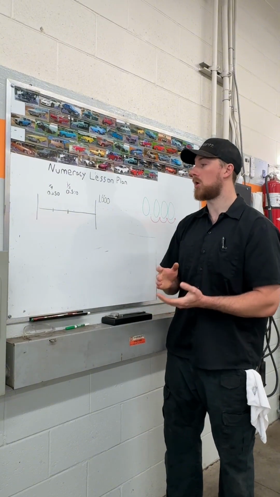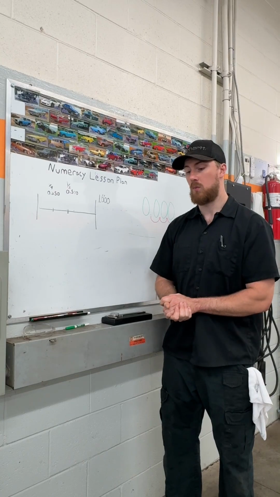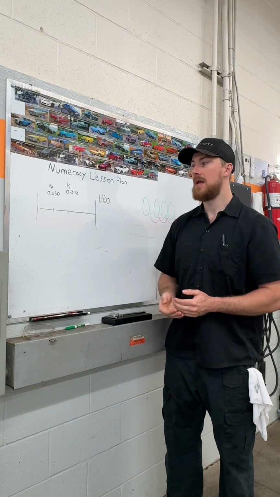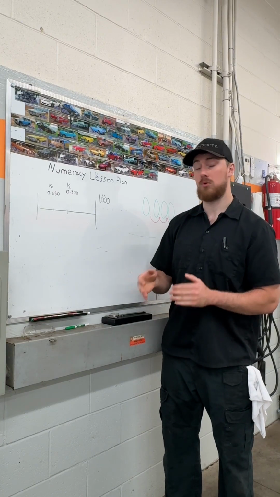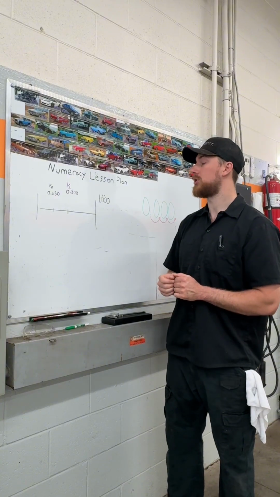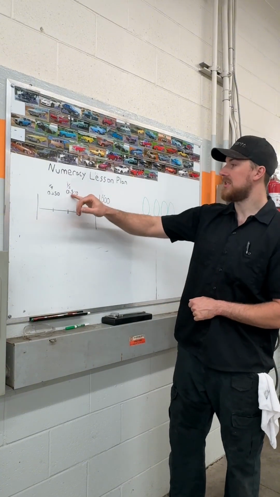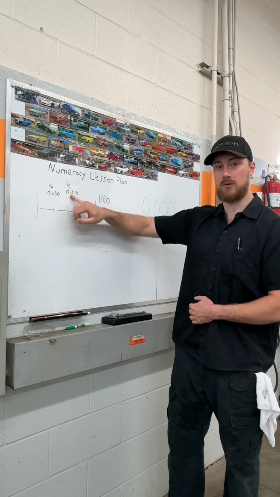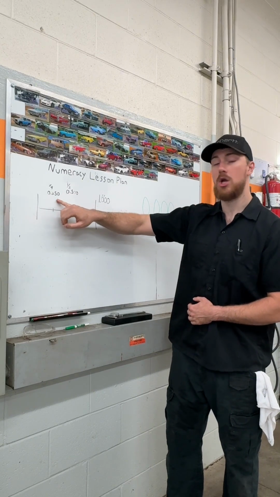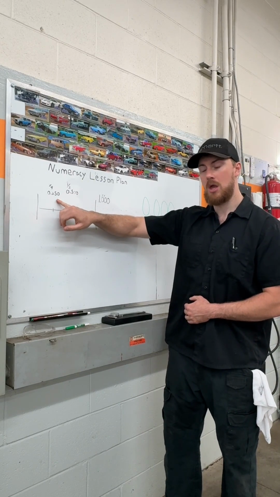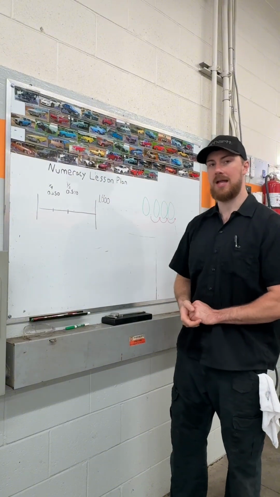Another important part of this numeracy lesson plan and why it is so important is that one of the learning outcomes is not just being able to write down the number. We can see half inch, 500 thousandths. We can see a quarter inch, 250 thousandths. What if I need to write that down?